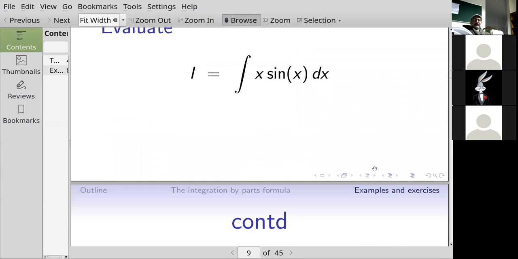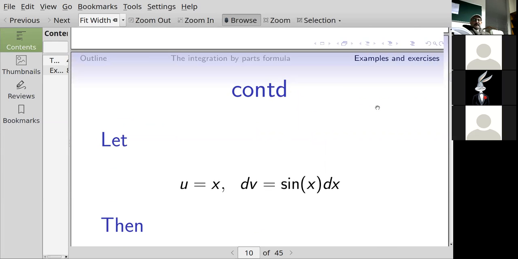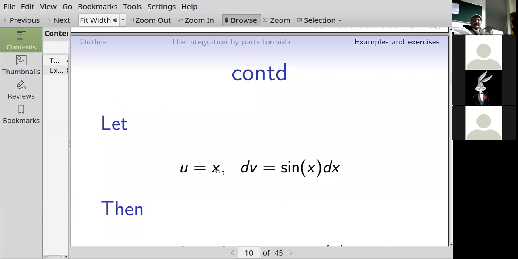Okay? And then I is equal to integral of u dv. So I let u equal x, some part of the integrand, and then I'm going to let dv be sine of x dx. So that's the rest of the integral. Whatever you pick as u, whatever's left over is your dv.